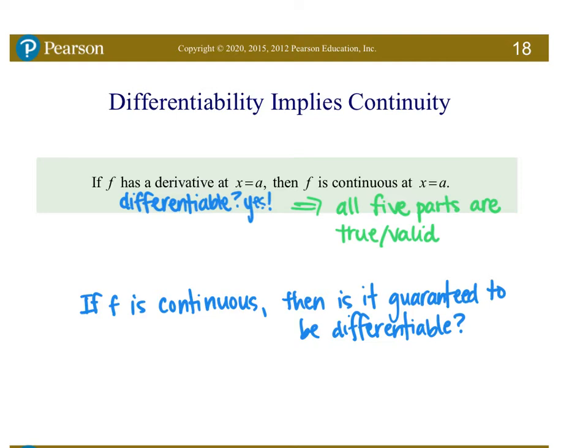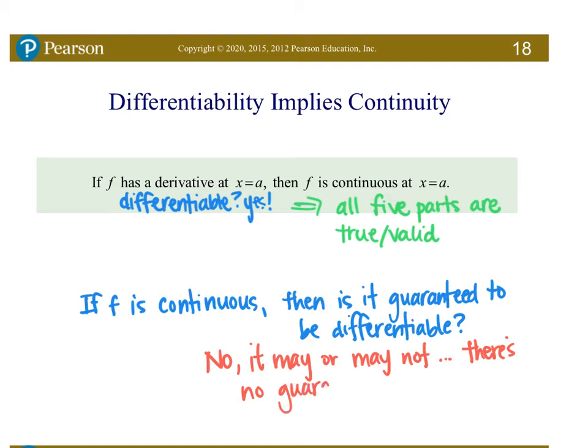And the answer is no. It may or may not, but you can't guarantee it. You might get through the first 3 requirements, but not get through 4 and 5. Okay, so if f is continuous, all you know is that you've gotten through the first 3. You don't know if requirements 4 and 5 are going to work.